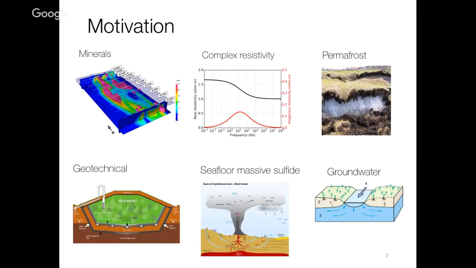I'm not sure if people have heard about seafloor mining, or minerals on the ocean floor. That's a topic that's coming up. But you have sulfides that exist on the ocean floor. Also groundwater, in trying to characterize the background of material.